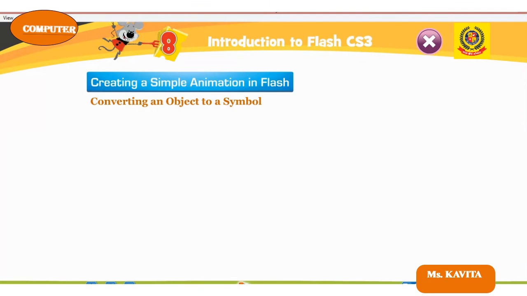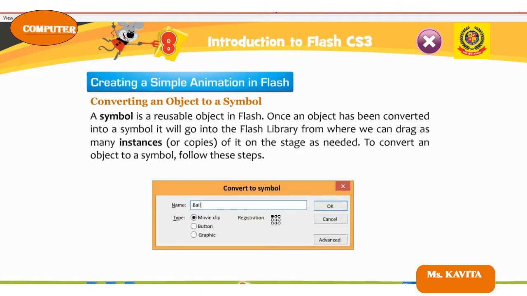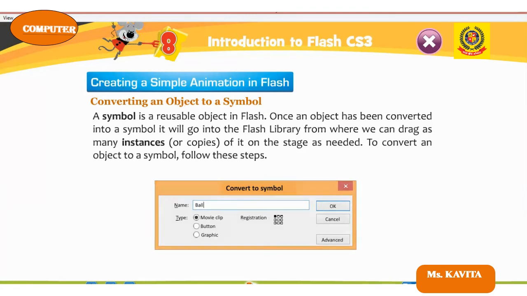Select the object, click on Modify, Convert to Symbol to open the Convert to Symbol dialog box. In the Convert to Symbol dialog box, enter a name for the symbol. Select Movie Clip option and click on OK button. The shape will change to movie clip symbol and will get added to Flash library.